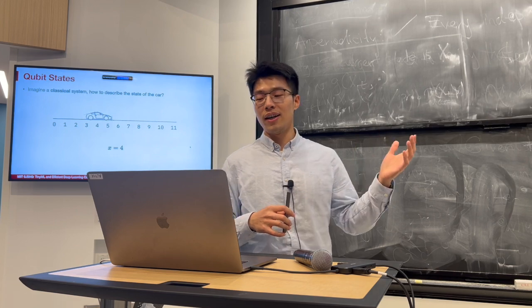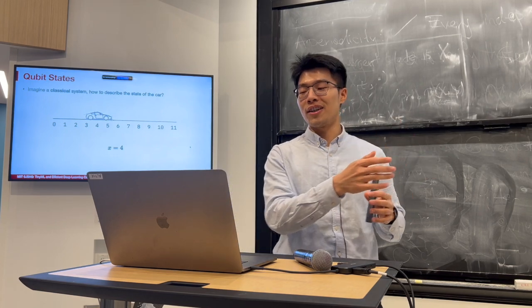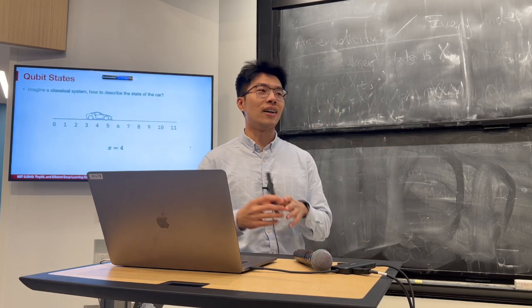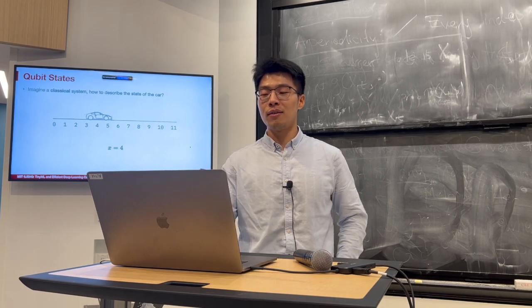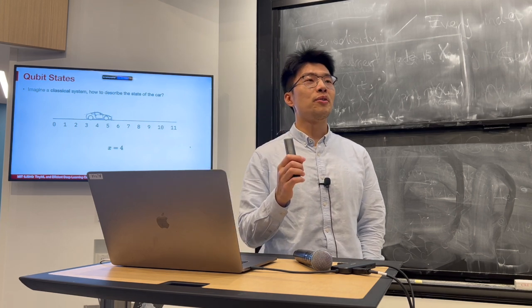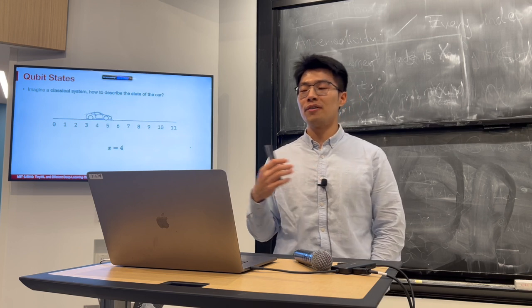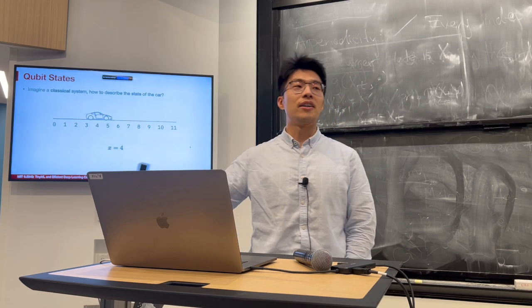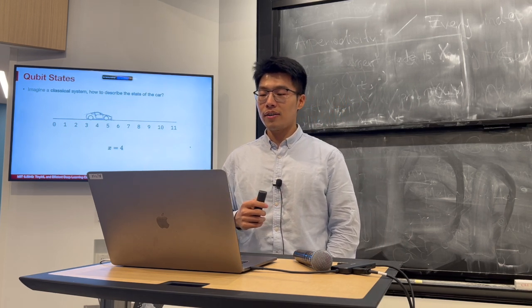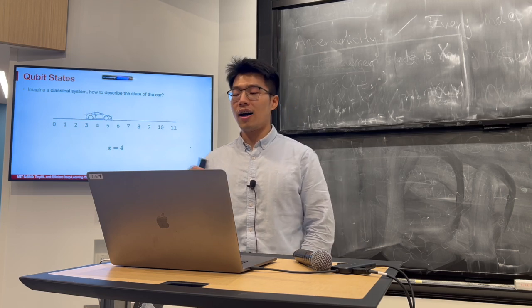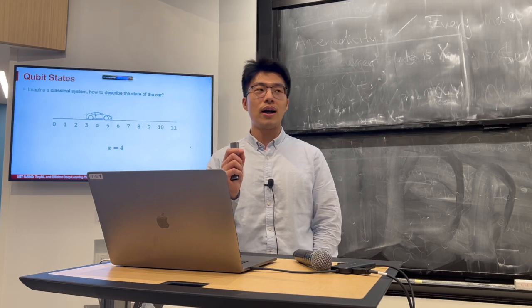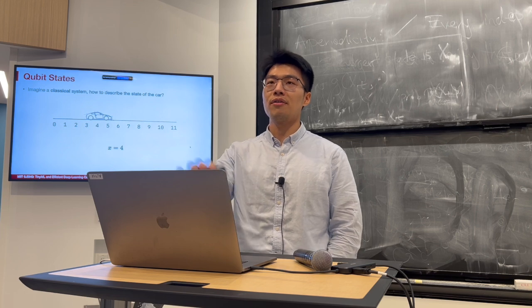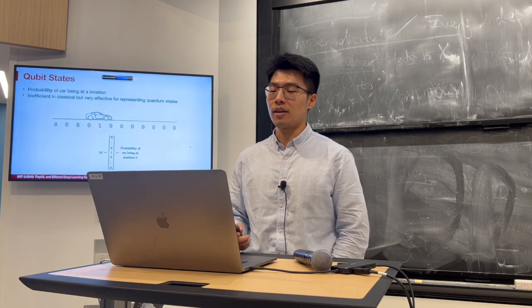So we can say, hey, we're at the 100 mile mark on the highway. So that's like we can use a number to represent the state of our current location on a linear 1D system. So this is a very compact formation, so we can just use one number to represent all the information in terms of the location of the car.